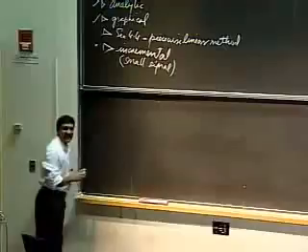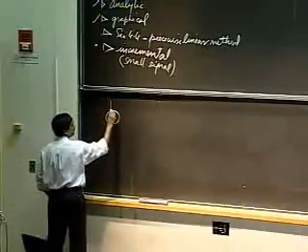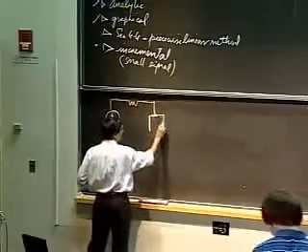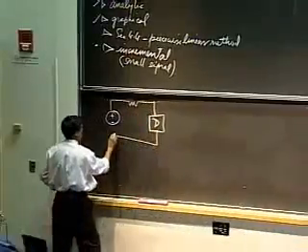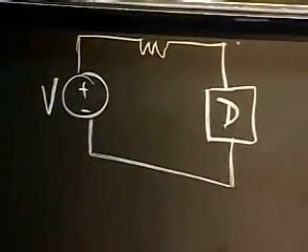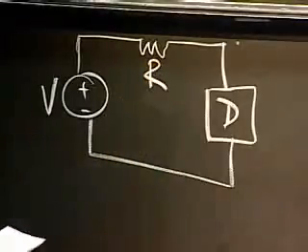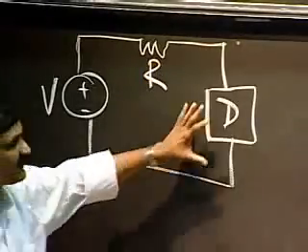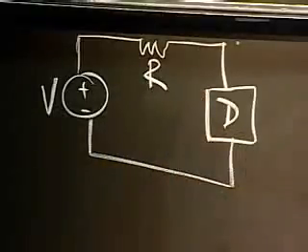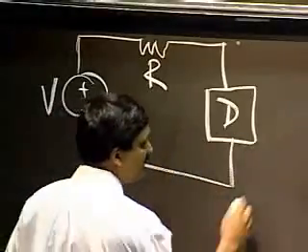Okay, so let's start with a simple example. Okay, so I have some voltage source V, and I have some resistor R, and I have a fictitious device here that I label D. Let's call this fictitious device the Expo Dweeb.